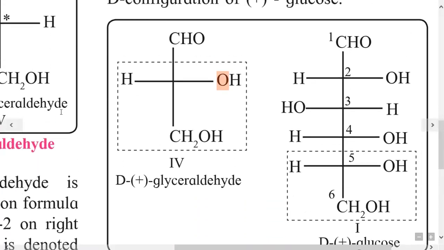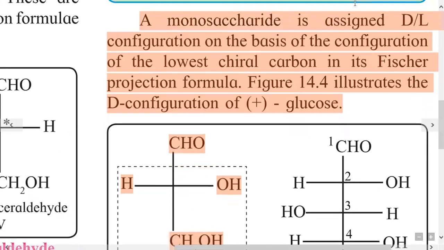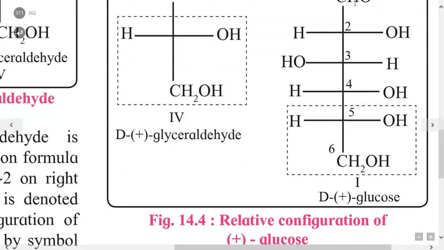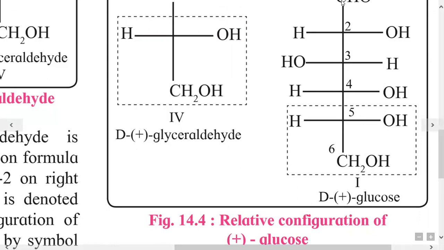Similarly, we know the Fischer projection formula of glucose. It contains CHO, then CHOH four times, and CH2OH as a primary alcoholic functional group. These carbon atoms are numbered as carbon 1, 2, 3, 4 and 5.